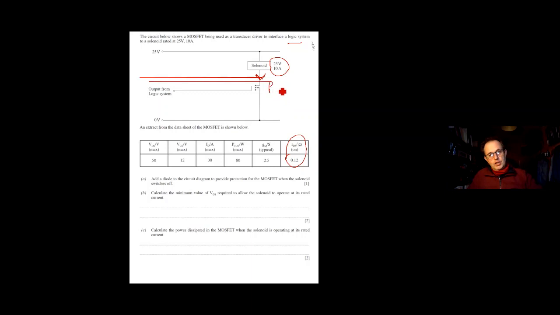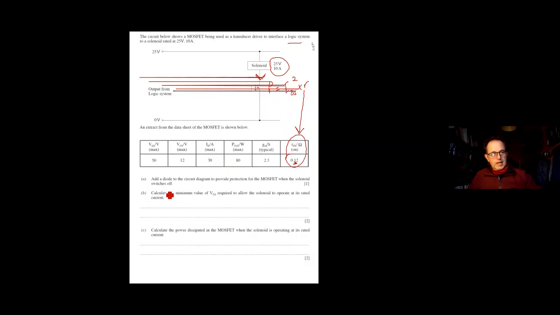The equation which is in your data sheet is P, when it is on, will be IDS squared times R. So that R value, RDS, is the resistance between the drain and the source when your MOSFET is on. So inside the MOSFET, there is an internal resistance. It's small, but it is significant. You will use that as your R value to work out the power dissipated in it.